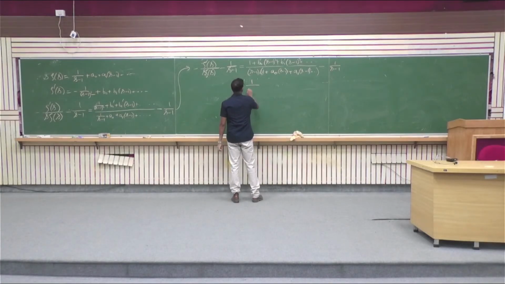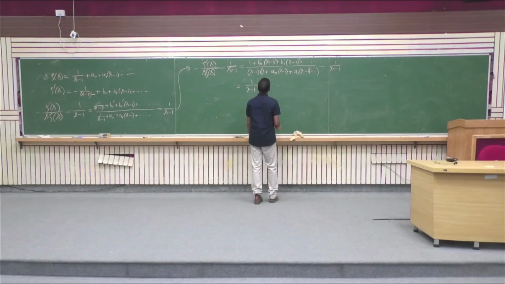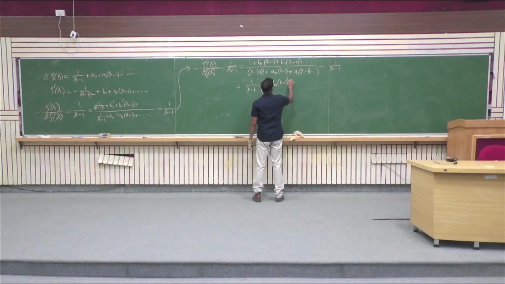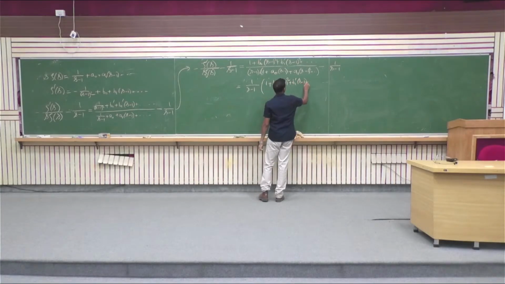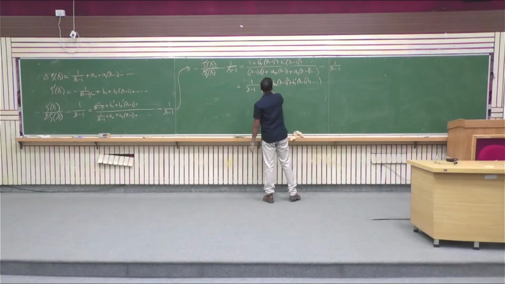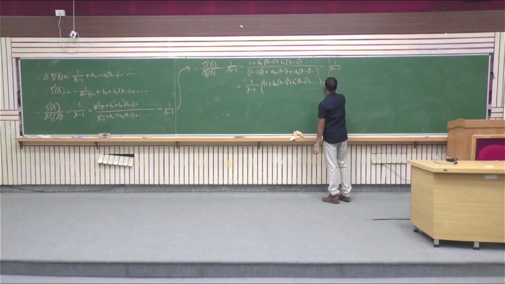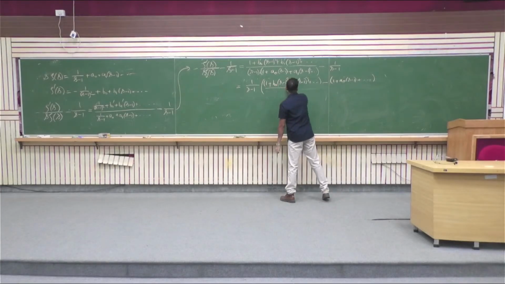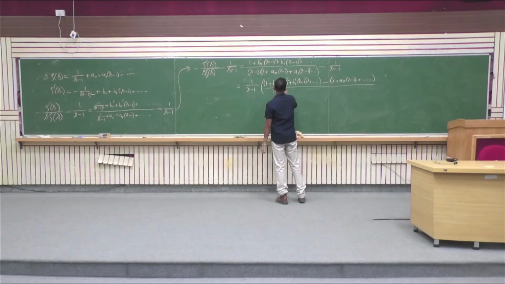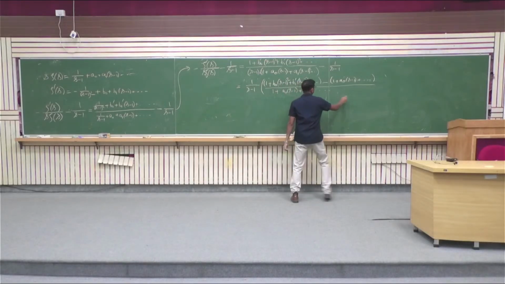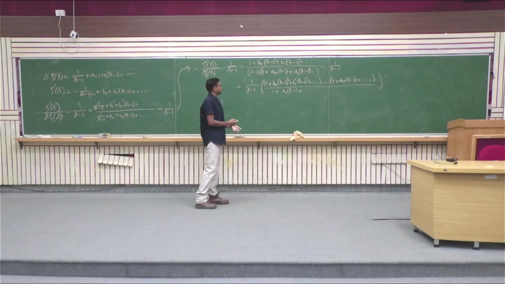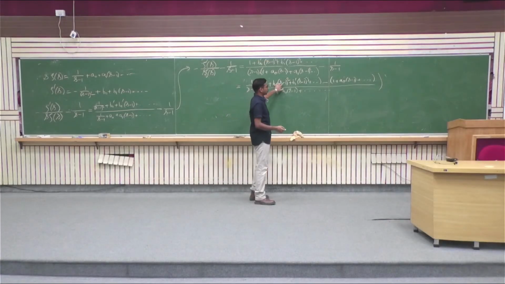So 1 by s minus 1 goes out, and then it is just this thing minus 1 plus b0 s minus 1 whole squared plus b1 prime s minus 1 whole cube plus dot dot dot, minus whatever is left on the denominator, 1 plus a0 times s minus 1 plus dot dot dot, divided by 1 plus a0 times s minus 1 plus dot dot dot. So this term gets cancelled, and there is an s minus 1 which cancels with this one.